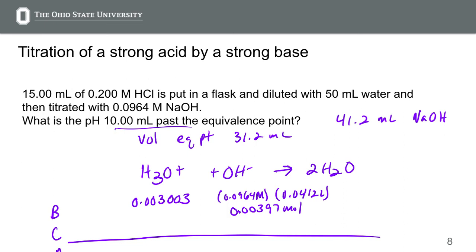The hidden implication is this is 10 milliliters of base added beyond the equivalence point, not total volume of the flask. Good question. That total volume in the flask really only matters when we're figuring out concentrations of the species in the flask.